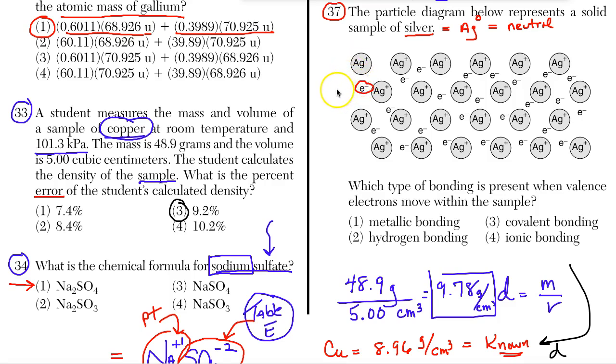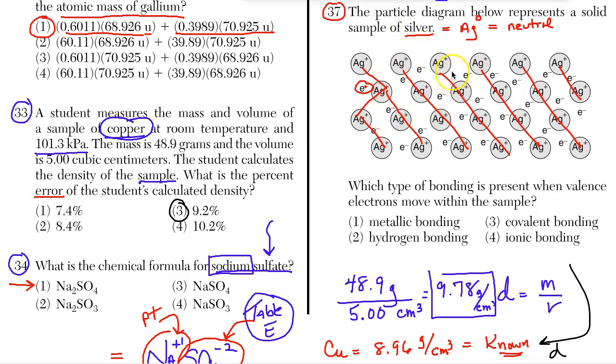Now, these valence electrons of silver are loosely held. As you can see, every silver doesn't have an e close to it. And so hopefully you can recognize that we are in some kind of arrangement. These silver ions are in some kind of organized pattern in a crystal lattice. That's why silver is solid.